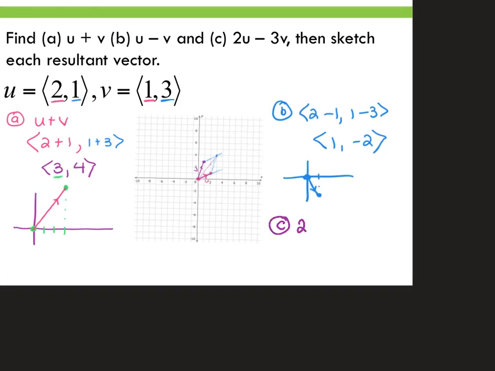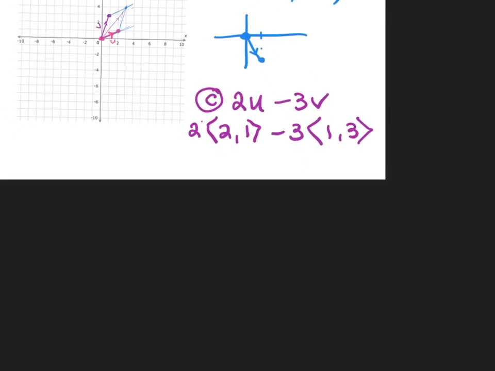C, 2 times U minus 3 times V. So the first thing I'm going to do is take 2 as a scalar, multiply it into U, and then I'm going to take 3 as a scalar on V. So I distribute that into both. I get 4, 2.